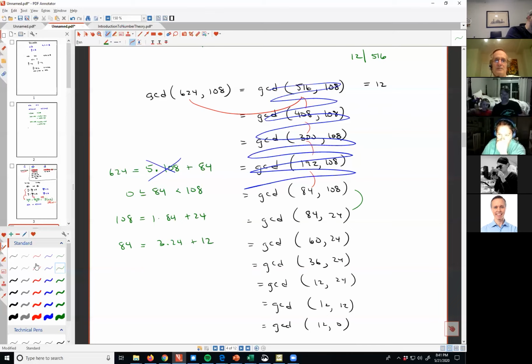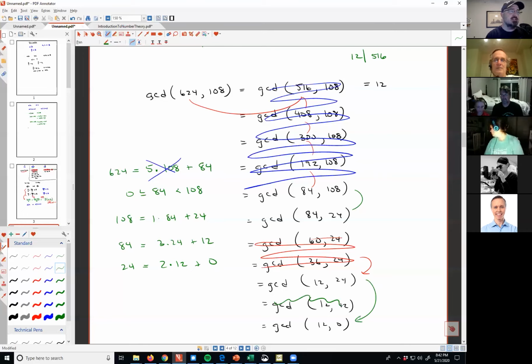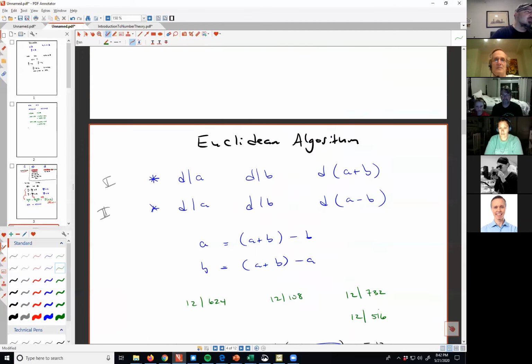And so we skip some steps and jump down to the next point right there. And then we can say 24 is 2 times 12 plus 0. And it's when we see that 0 pop up that we know we're at the very end. So yeah, that's the extended Euclidean algorithm. We might insert that into the title there.